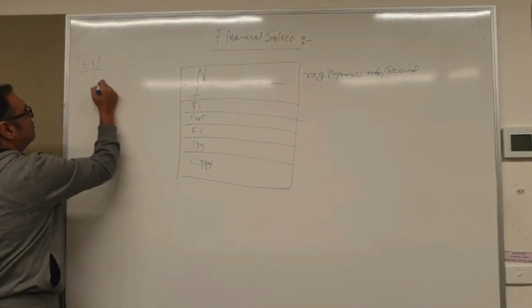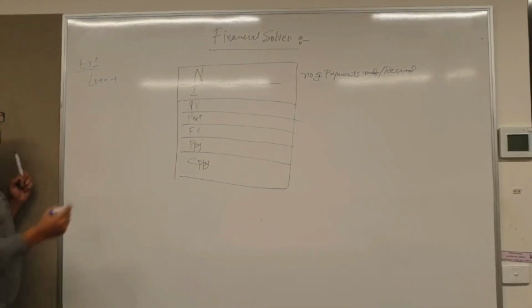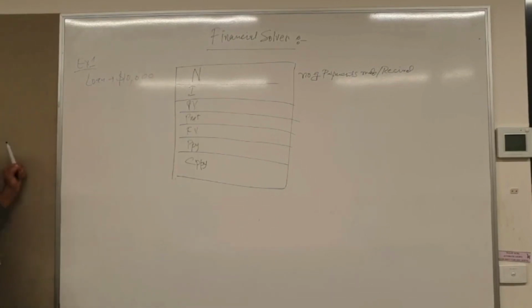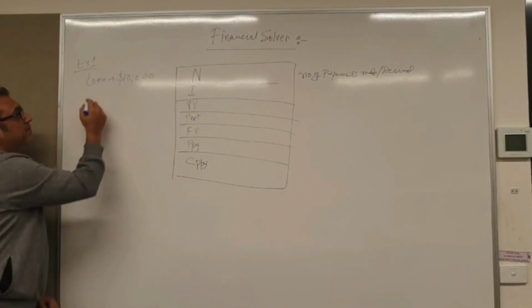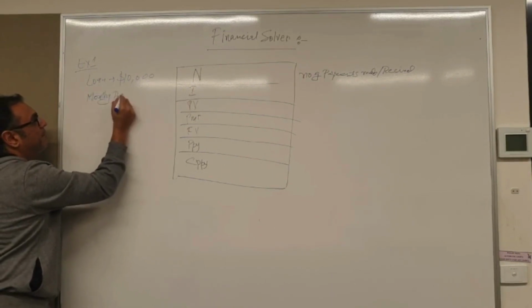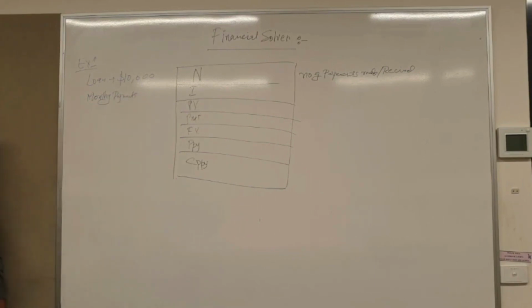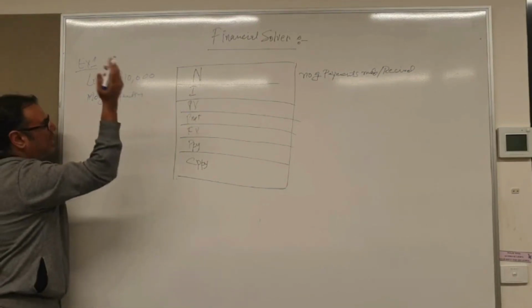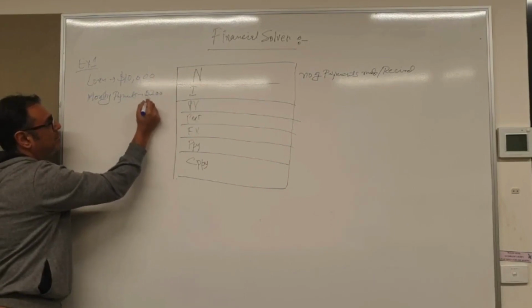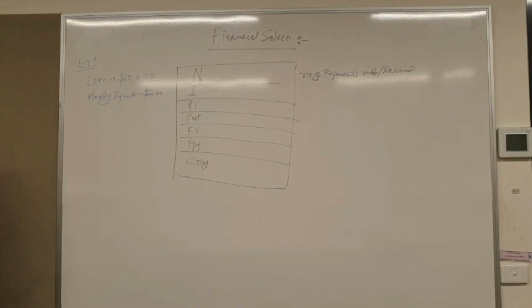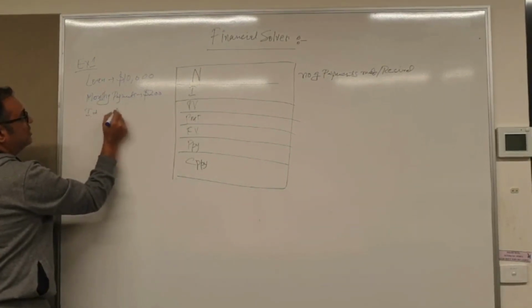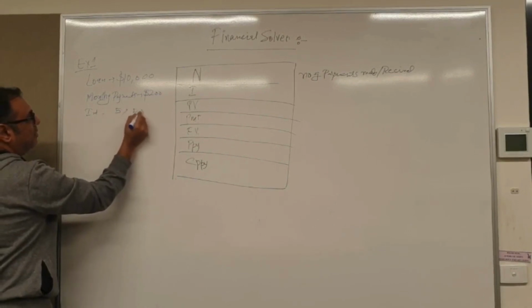Someone's taken a loan of $10,000. They're paying monthly payments of, hypothetically, let's say $200 per month. I'm just making it up, right? Interest charge is at 5% per annum.